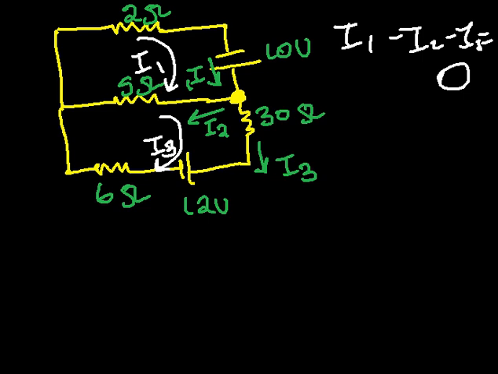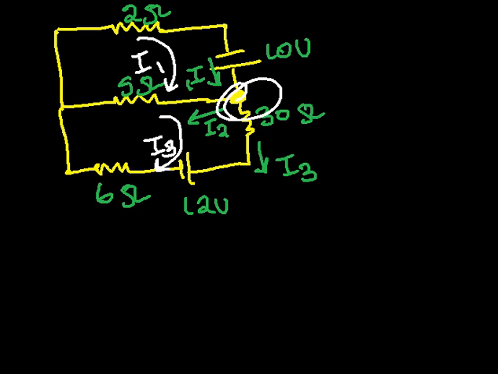We're going to see by the end of this example how it is working, but just know that at the junction here, we'll apply the junction law in order to have current I2.